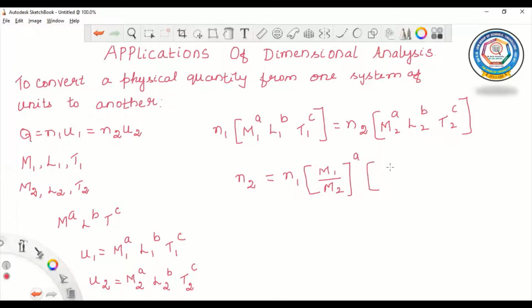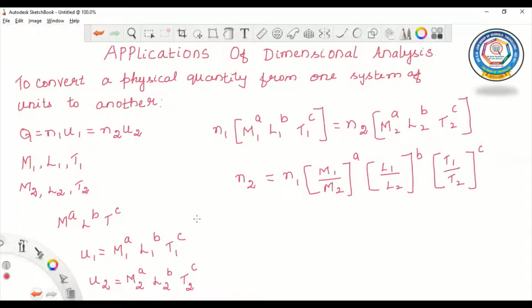Similarly, bringing L2 also to this side, L1 by L2 the whole power B, then T1 by T2 the whole power C. So, this equation can be used to find the numerical value in the new system of units. Now, let us do one problem based on this.